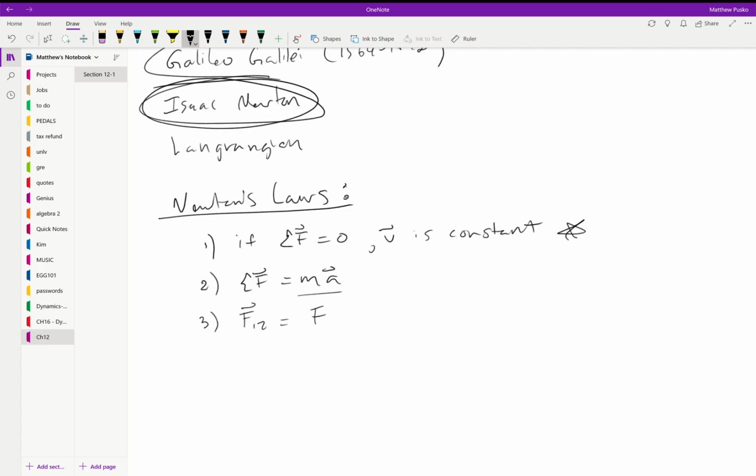So the force of 1 onto 2 is equal but opposite to the force of 2 onto 1. And notice the vector signs. We're going to be working mainly in vectors. We can reduce some things down to scalars, but it's always best to work in vectors because that's where your future is heading.